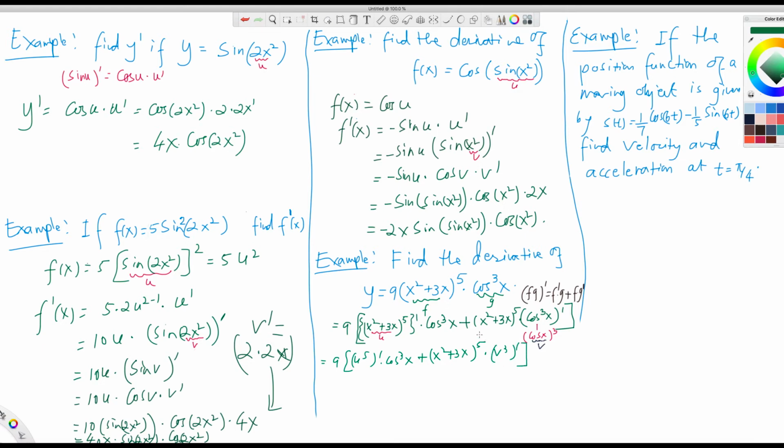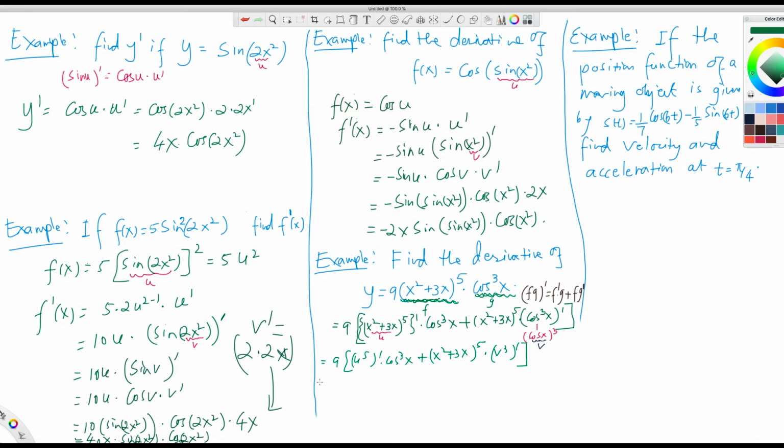You can think of this as u to the 5 times v to the cube, and then the derivative of that, or you can take the whole thing as f and the whole thing as g.